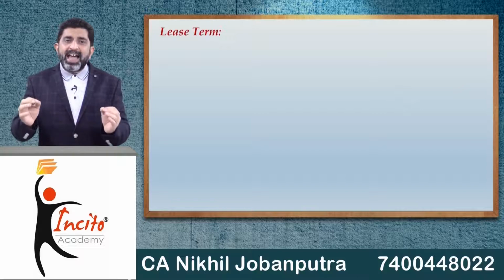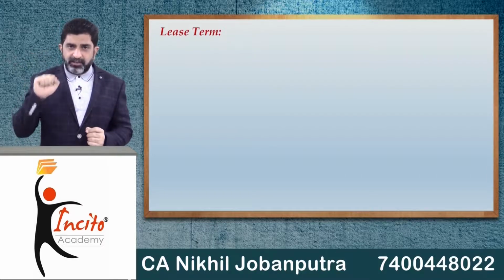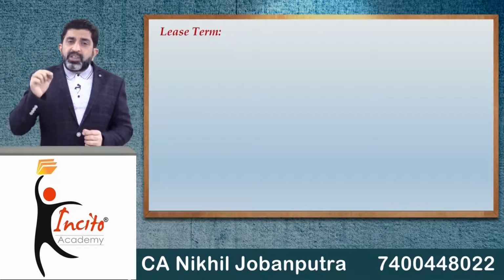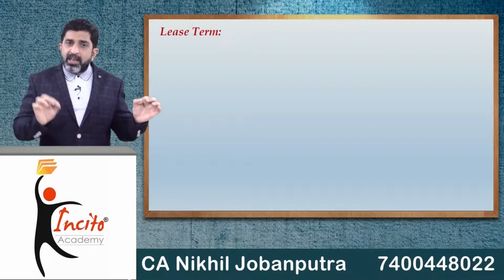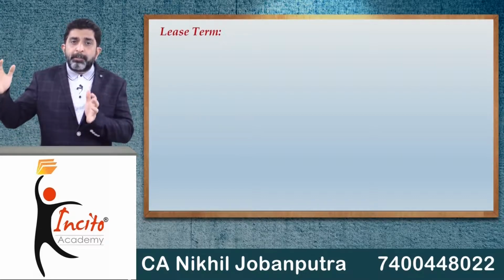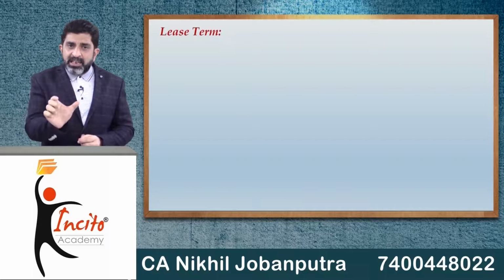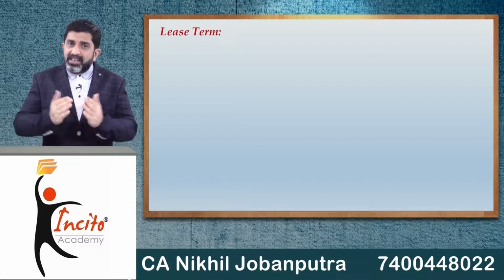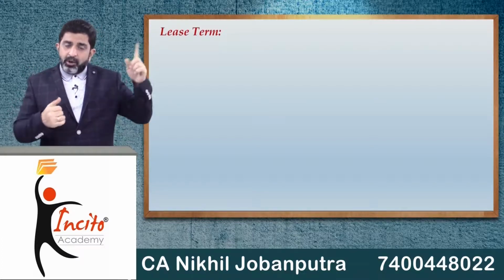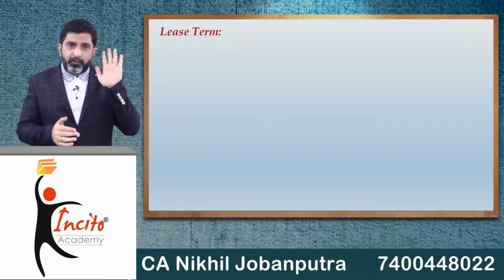Suppose I have taken a premises on lease for 5 years. However, the lease contract is very clearly conveying one fact, that out of the period of 5 years, the period of 3 years initially will be considered as a lock-in period. That means the lessee and the lessor both have agreed for having this lease contract for 5 years.